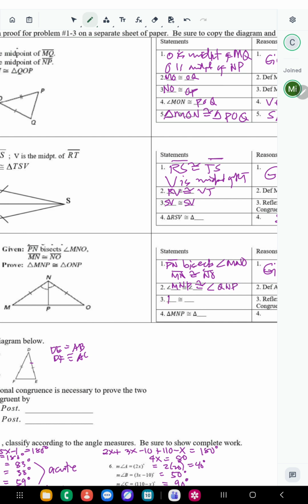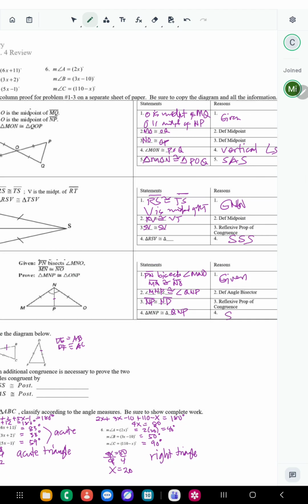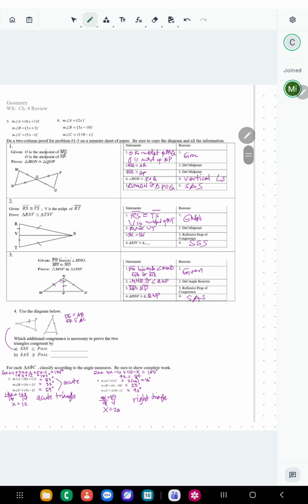Then reflexive, NP is congruent to NP. Therefore, triangle MNP is congruent to triangle QNP. We have side, angle, side, so SAS triangle congruence.